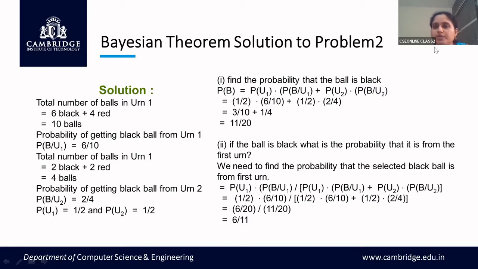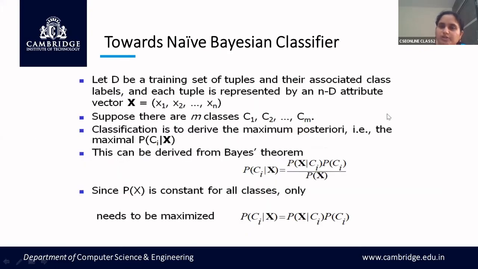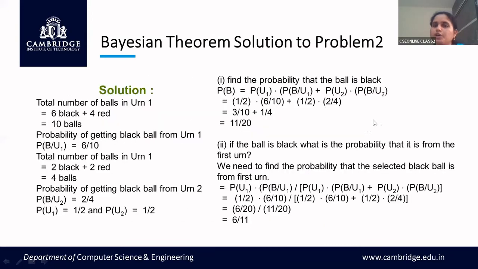So next we will apply it to Bayes theorem. So according to Bayes theorem, the probability of a black ball would be, similarly, what is the probability of choosing urn 2? So your probability is half. Why is it half? Because there are only 2 urns.